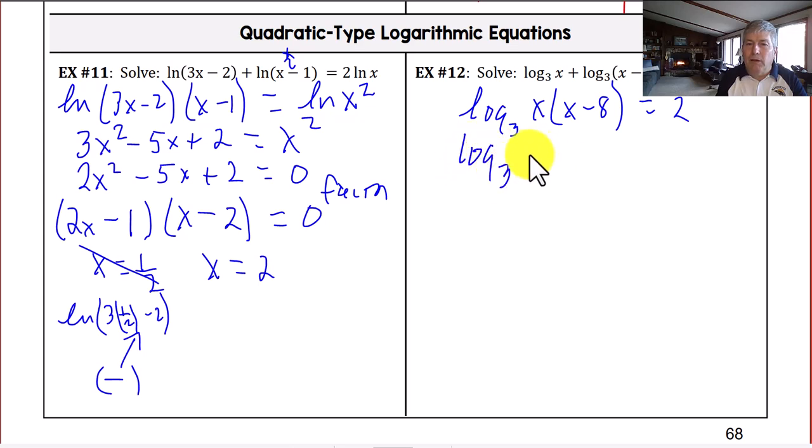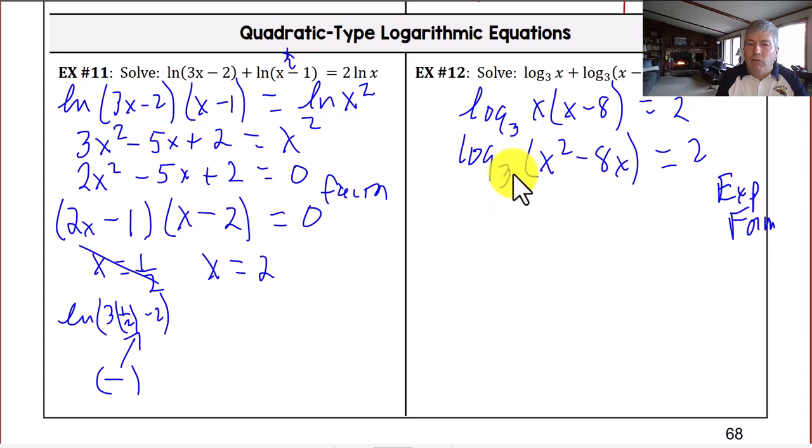Log base 3 of (x squared minus 8x) equals 2. And since I have logarithms on one side, I'm just going to change forms. So I'm going to convert to exponential form. So my exponent on 3 is 2. So x squared minus 8x equals 3 to the second, or 9.